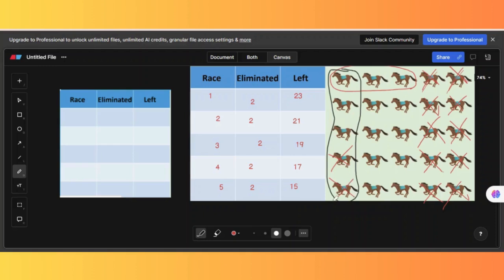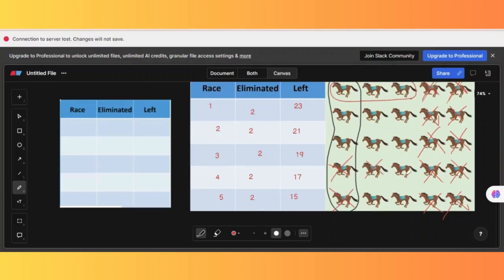So just deduct these horses, and these, which are the first one from this set or this set. So these are also useless. We can deduct this. So in the sixth race, I have eliminated six horses, and out of 15, only 9 horses are left.